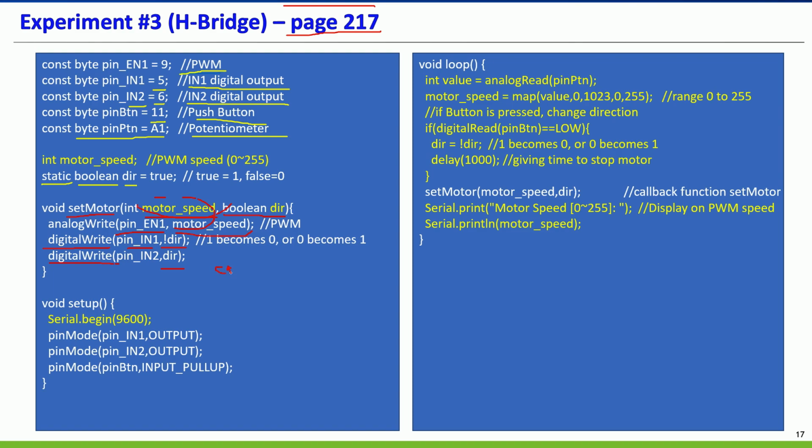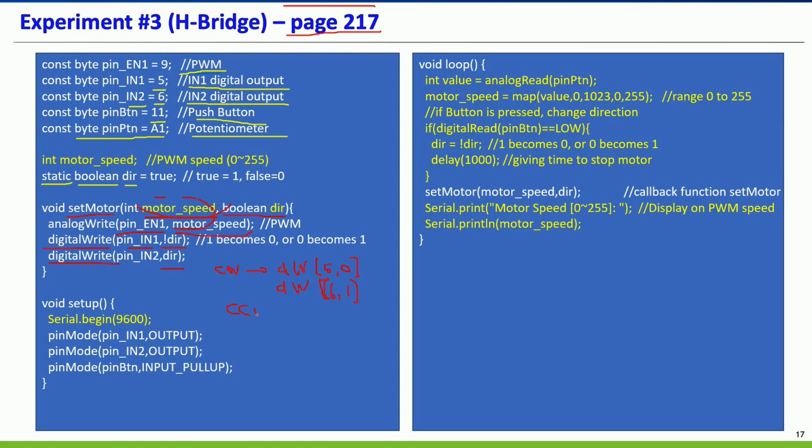For clockwise, digitalWrite pin 5 is the direction value, if the direction is true. Pin 6 is not true, so this one is 0: digitalWrite pin 6, 0.